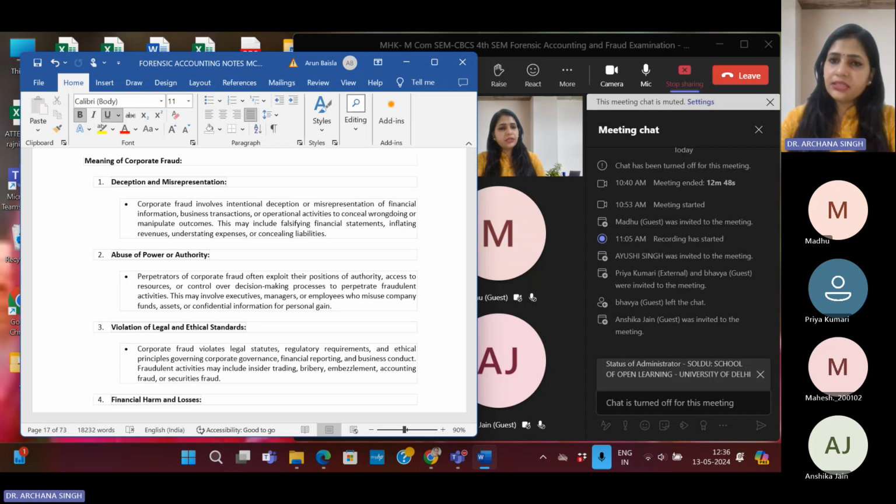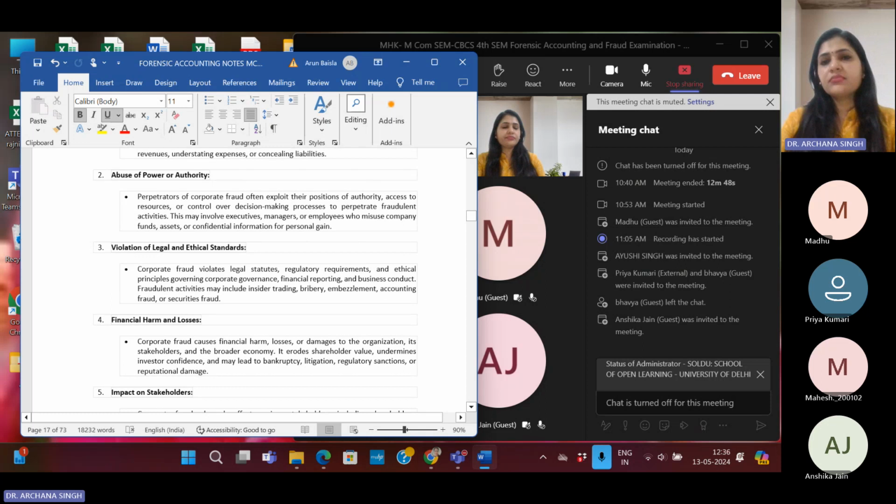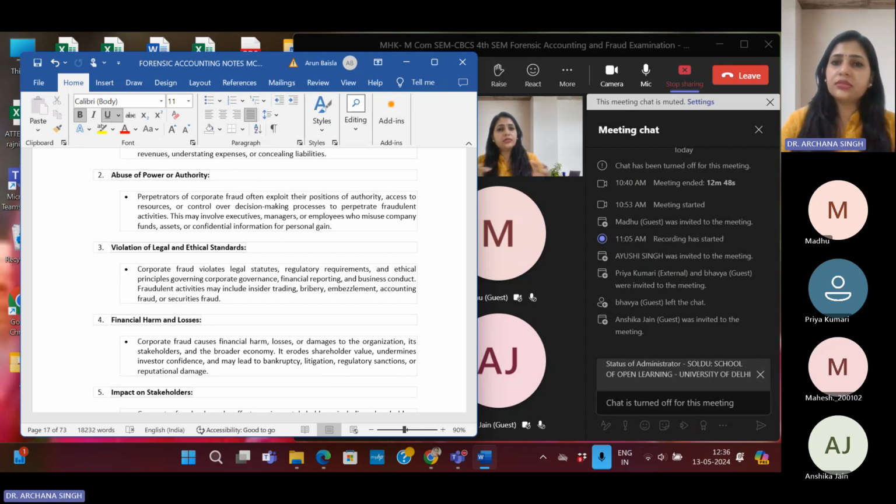So deception and misrepresentation they can do. Then abuse of power and authority. The perpetrators of corporate fraud can exploit their positions of authority to access some resources or to take some control over the decision making process so that they can do the fraudulent activities.